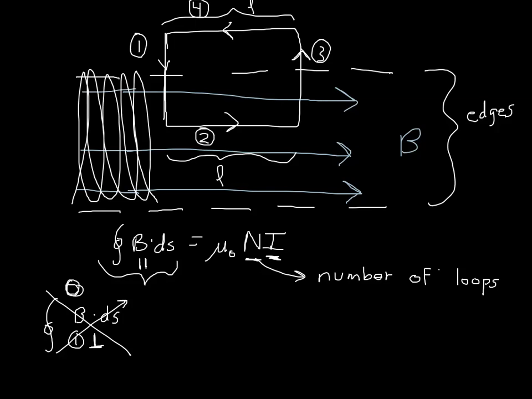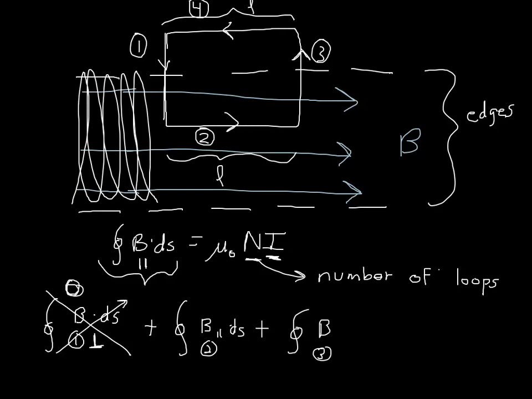Then I can add up the next segment, plus the closed integral of B parallel in segment 2 dot ds. And this isn't going to go away. This is going in the same direction as my magnetic field. I can add the third segment. Closed integral of B for the third segment.